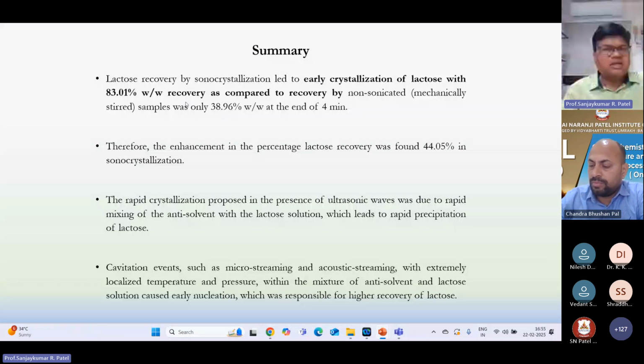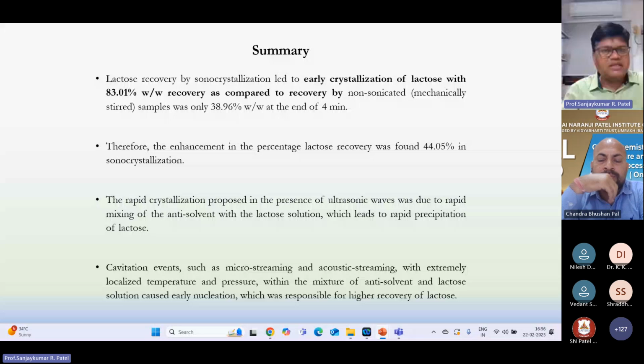So we can say that the use of ultrasound in crystallization becomes prominent. It enhances the crystal growth, makes a uniform nuclei size, creates a uniform nuclei concentration, and creates uniform supersaturation.